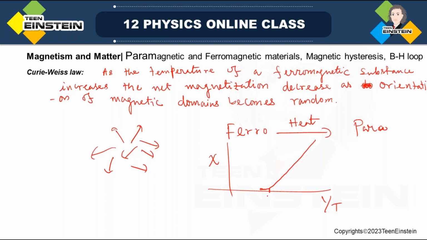This temperature is called Tc, the critical temperature, after which, in the case of a paramagnet, it should go like this through the origin. For a paramagnet, this chi versus 1 by T should go through the origin. Okay, it is for para.